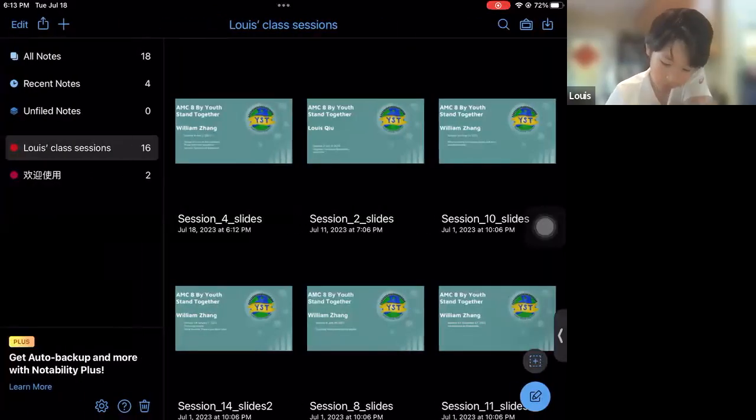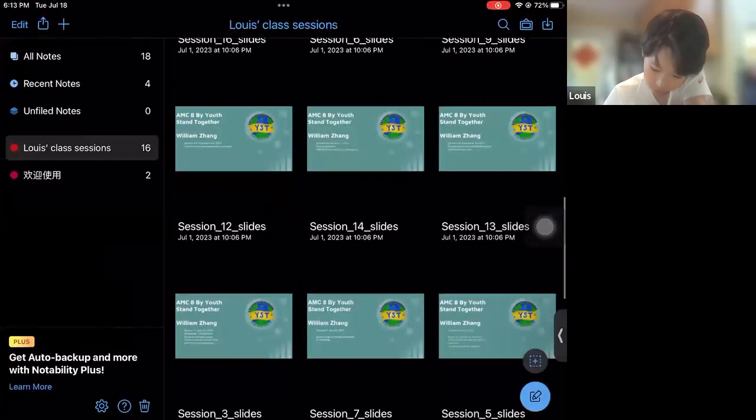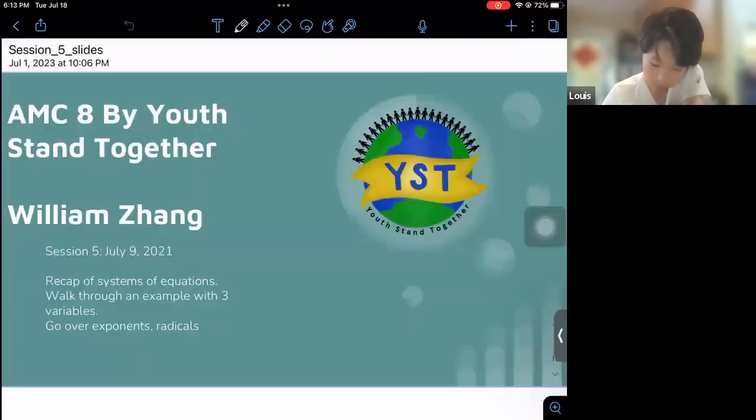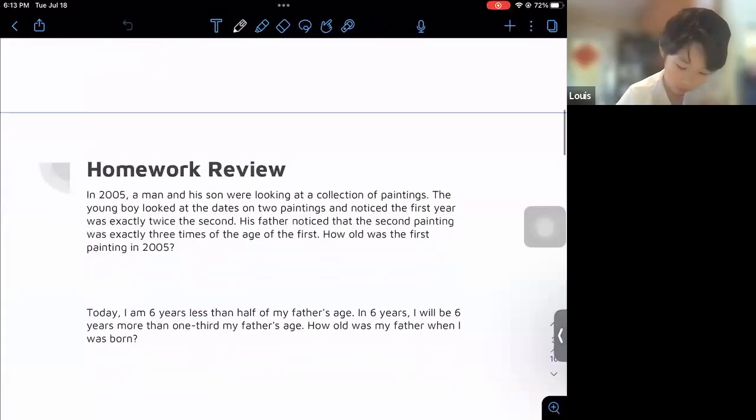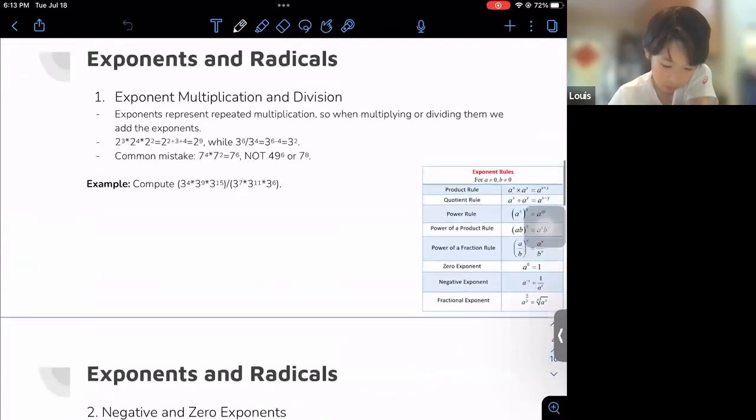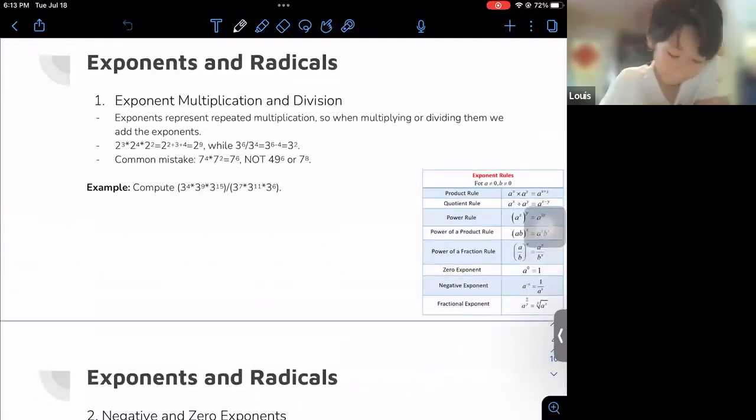So for this problem, I'll give you guys maybe 2 minutes to solve it.